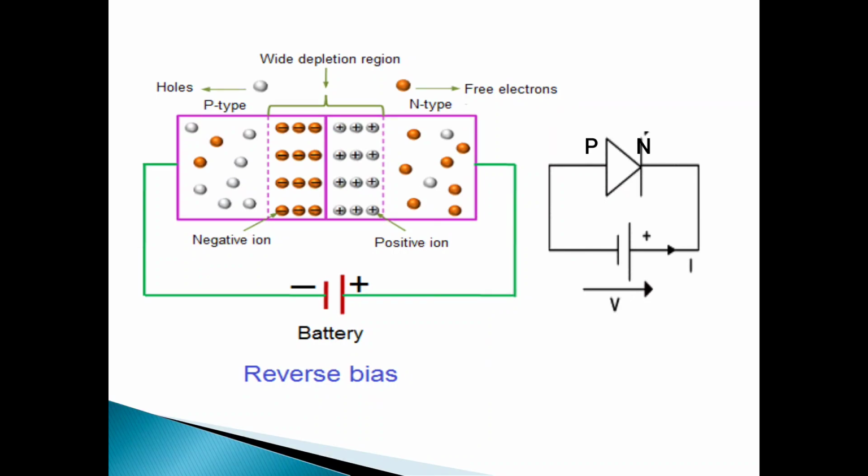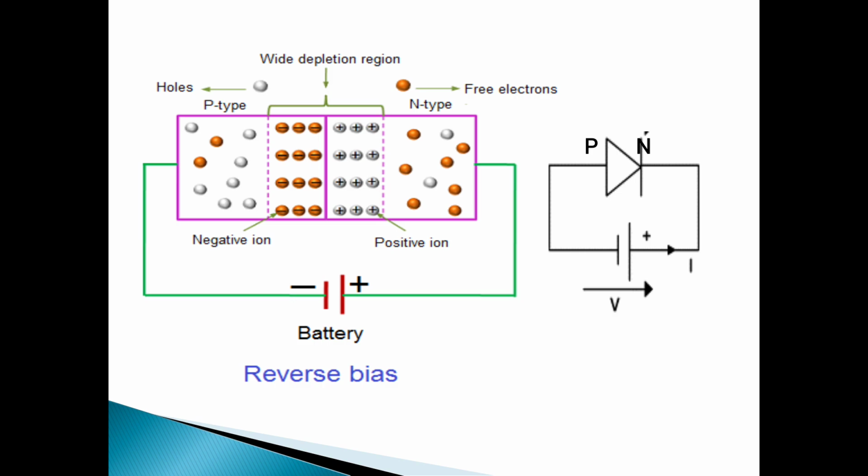As there is no electron and hole flowing across the junction, the current due to majority carriers is very less or zero when a PN junction diode is reverse biased. Now there are some minority carriers also in the P-type semiconductor.